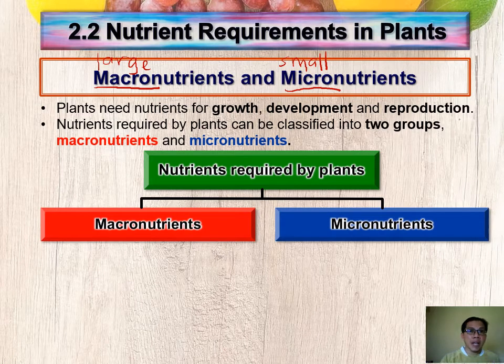Actually, there are 9 elements or minerals in macronutrients and 5 micronutrients.